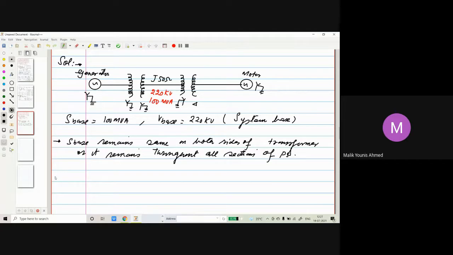And the next point is the voltage base changes according to the transformation ratio.